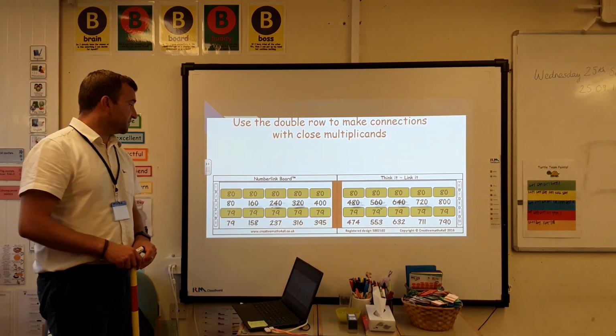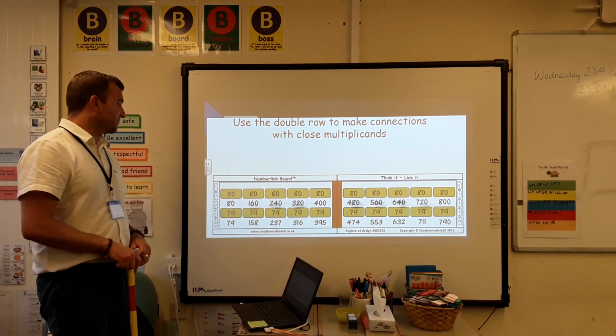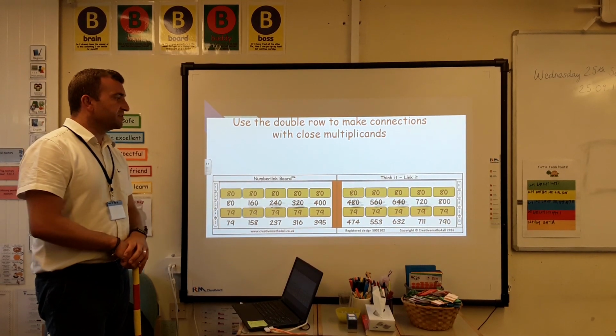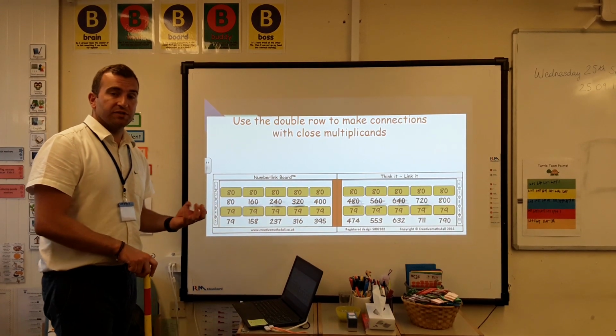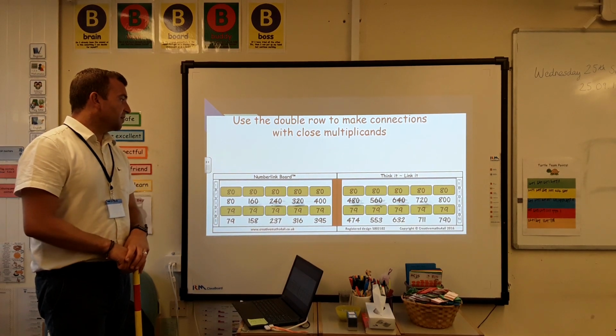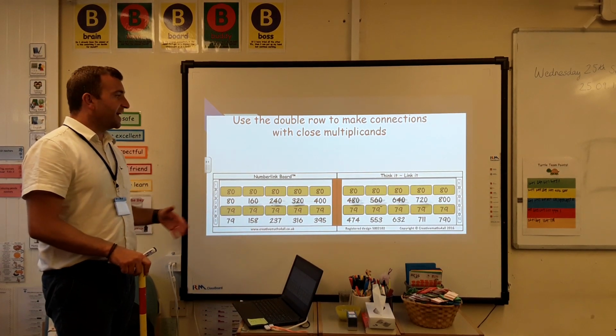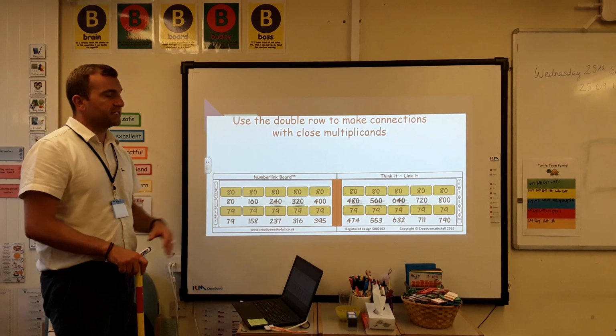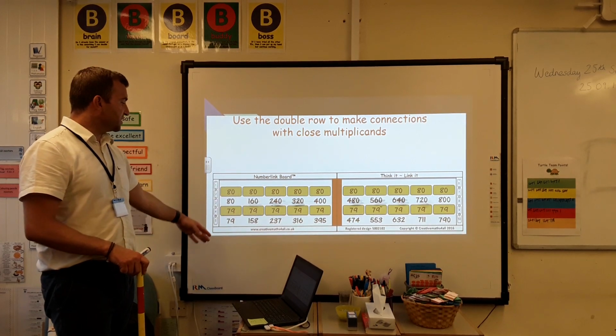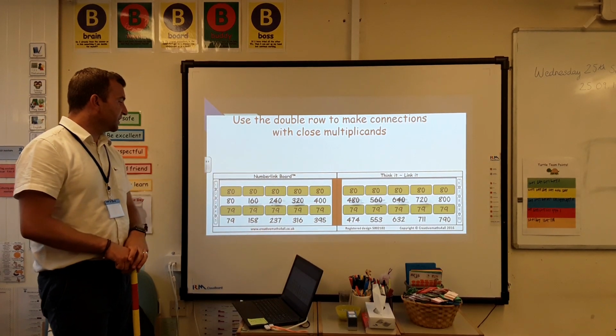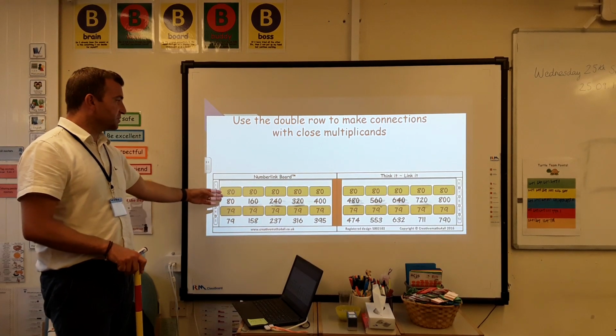The other advantage of this board is if the children were having to do lots of 79, then they can use a little bit of rounding skills to help them. So if they know their 8 times tables, this can then be applied to counting in 80s. But if the objective was to actually count in 79s, then they can use this board to help them.